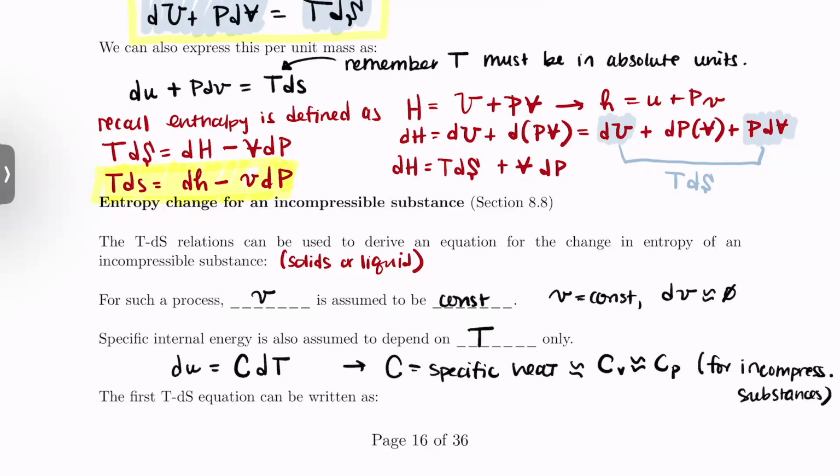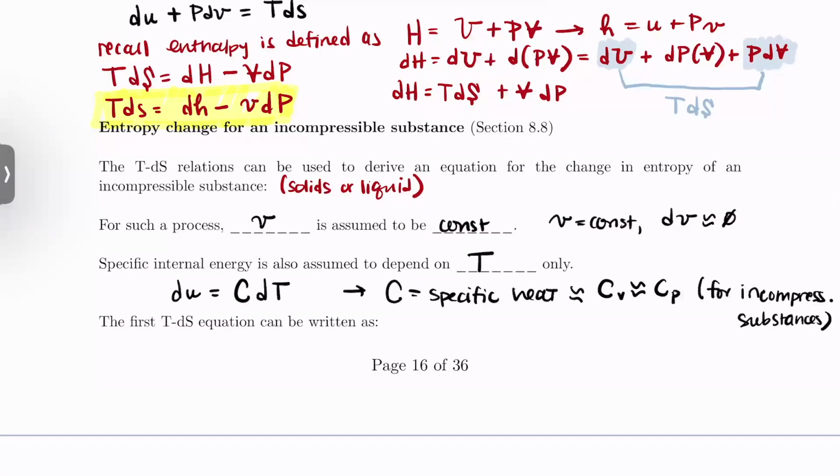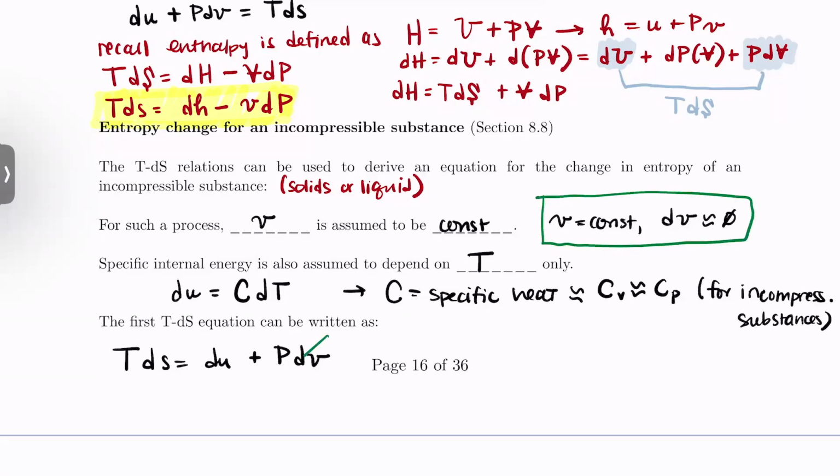Okay. That first T ds equation that we had can be rewritten as the following. So we started with T ds is equal to du plus P dV. And since our specific volume is a constant, that means I can get rid of this term because dV is equal to 0. And then I can also make use of du is equal to C dT.